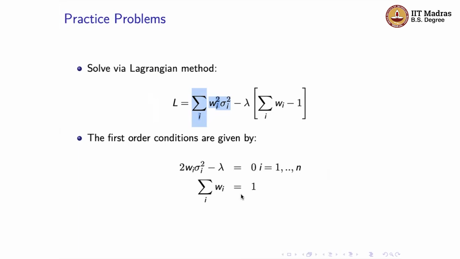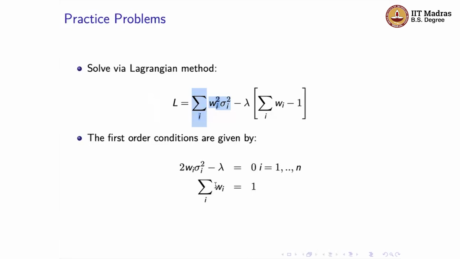How do we go about solving it? Well, we can first rewrite Wi in terms of lambda. So you end up getting that Wi is equal to lambda by 2 sigma i squared. Remember that these sigma i squareds are actually parameters to us. Then we can put this in the second equation, so we end up getting that the summation over i of lambda by 2 sigma i squared is equal to 1, and we can solve for lambda in terms of the parameters.